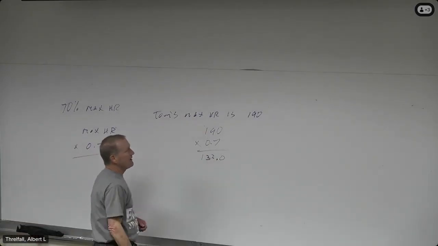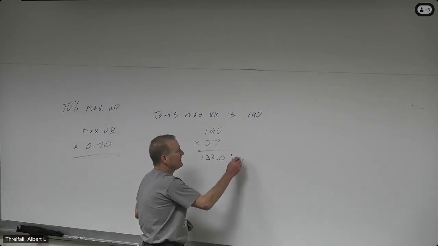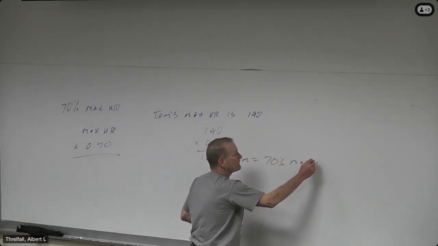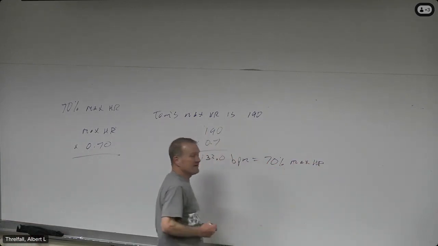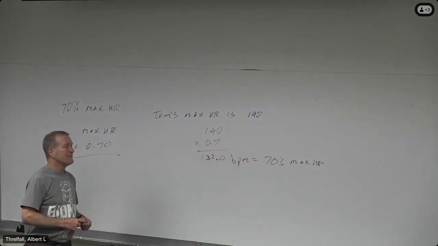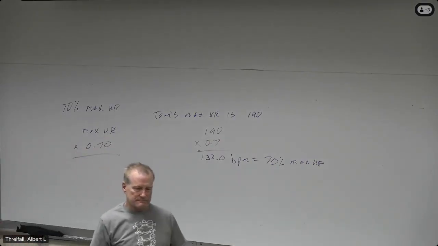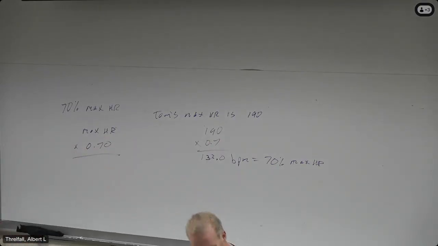So for Tom, 133 beats per minute is 70% maximum heart rate. But even this is stupid.